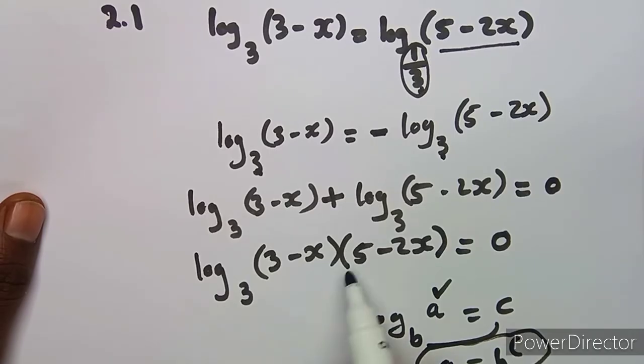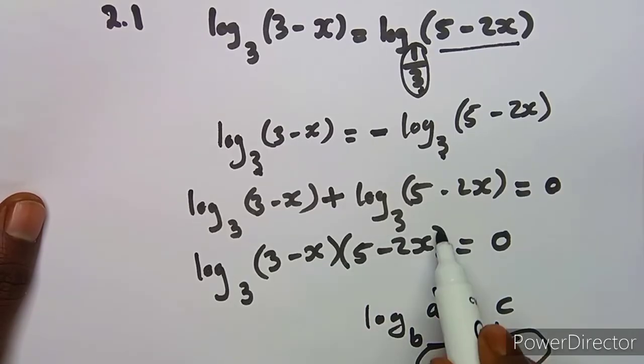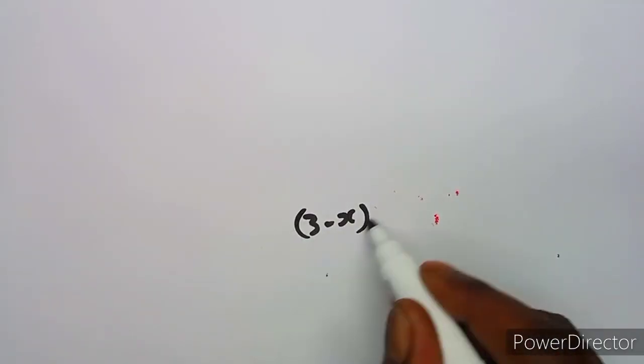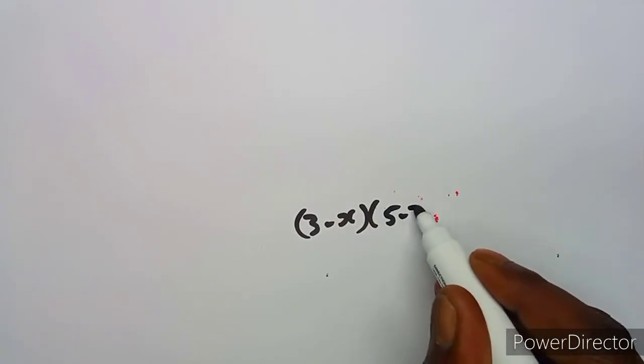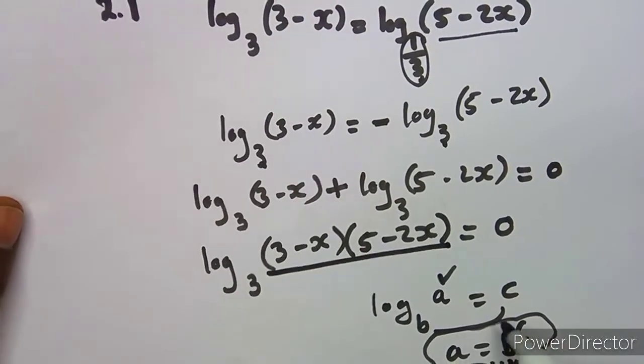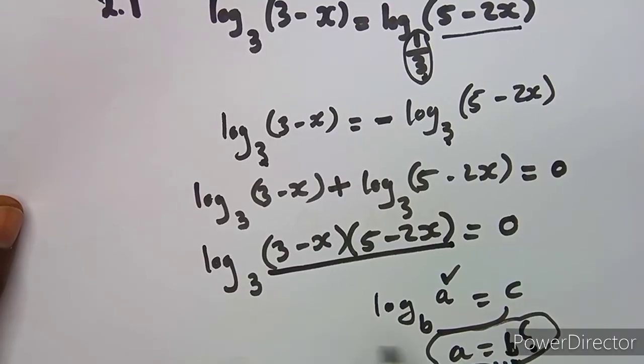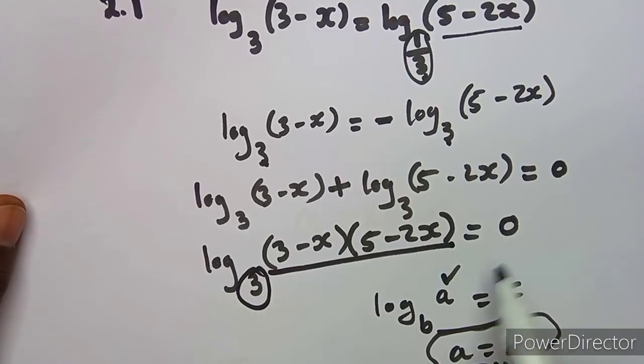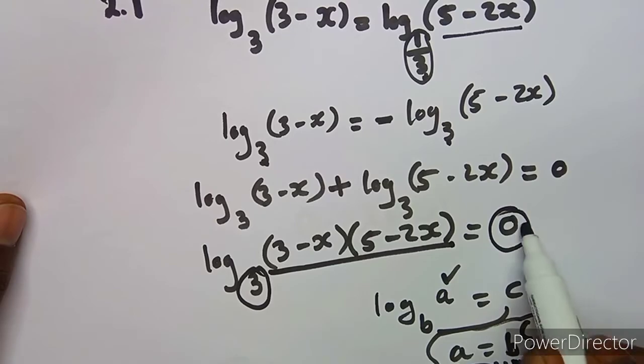So our a in this case is this whole part of the bracket, which is 3 minus x times 5 minus 2x. This is our a, which is equal to b to the exponent of c, and our b is the base and c is the answer, which is here, which is 0.